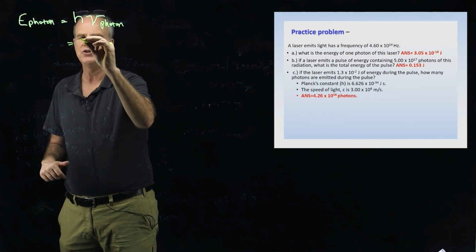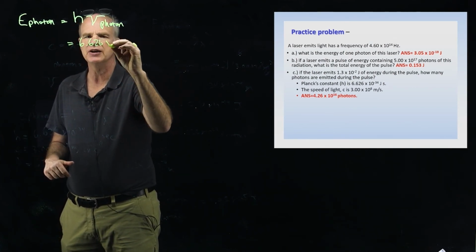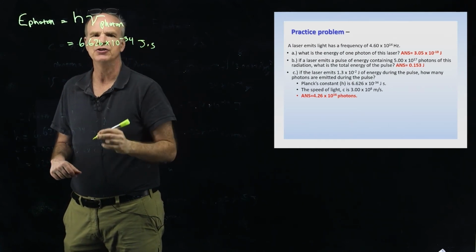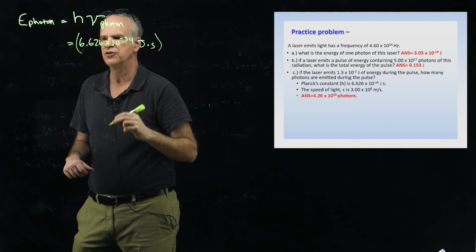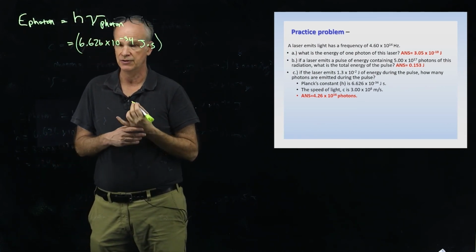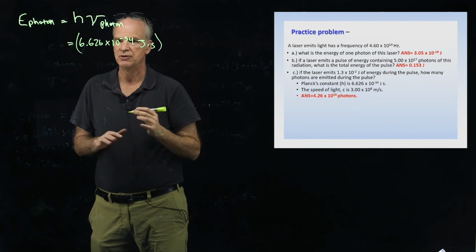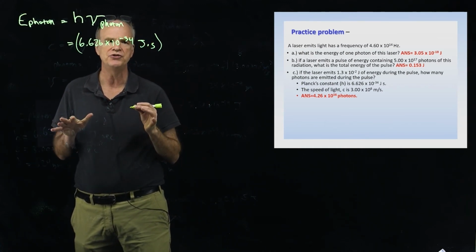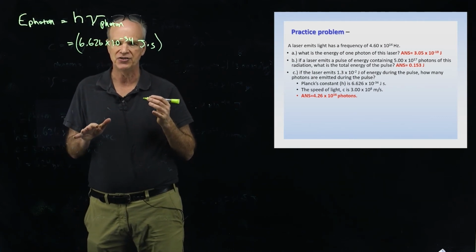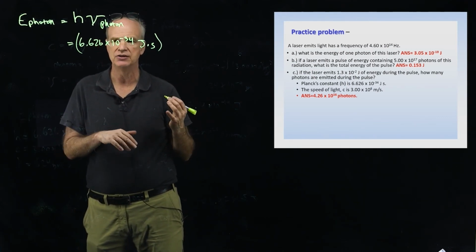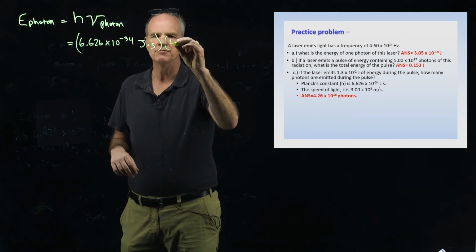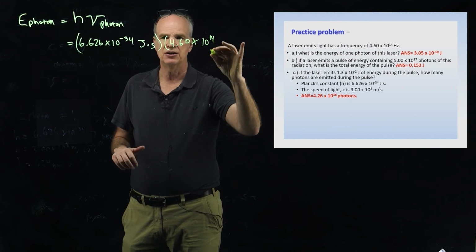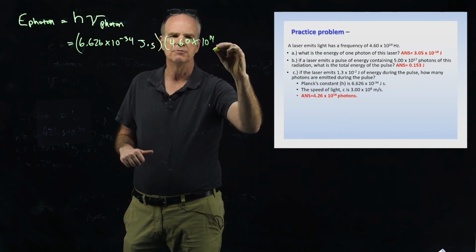So Planck's constant is 6.626 times 10 to the negative 34 joules times seconds. And then we're going to multiply by the frequency of the light, which is composed of these photons, and the frequency is 4.60 times 10 to the 14 hertz. But when you see hertz, that's like saying per second, or having second in the denominator. So it's going to be 4.60 times 10 to the 14, and I'm not going to write hertz, I'm just going to write per second.